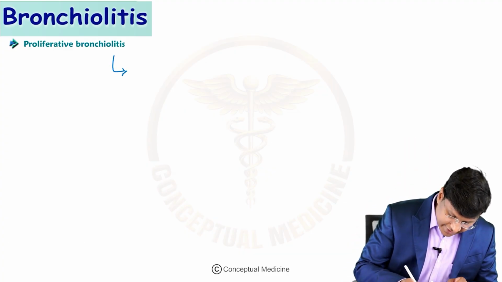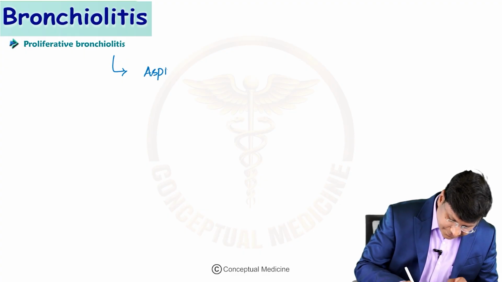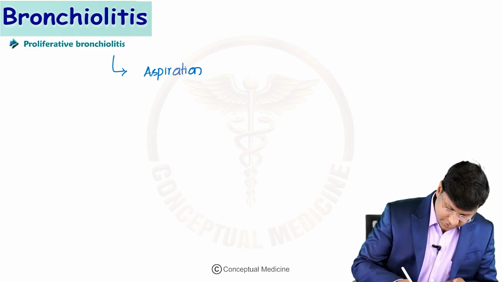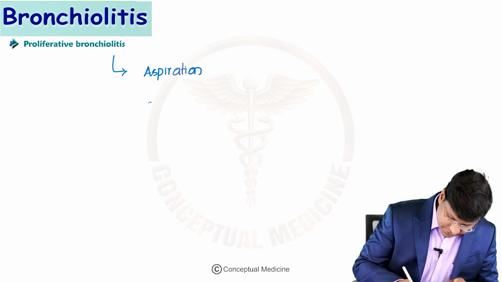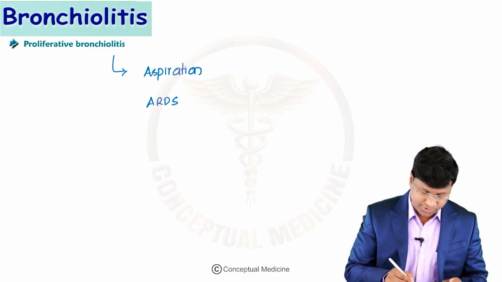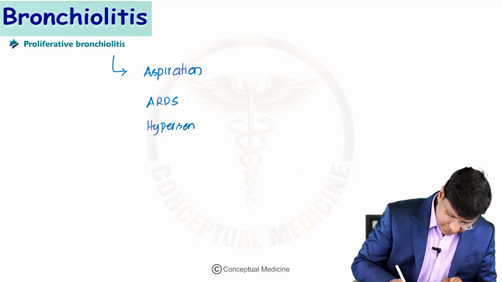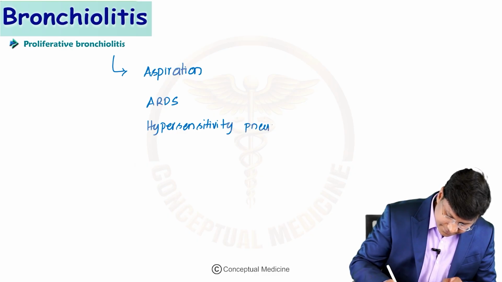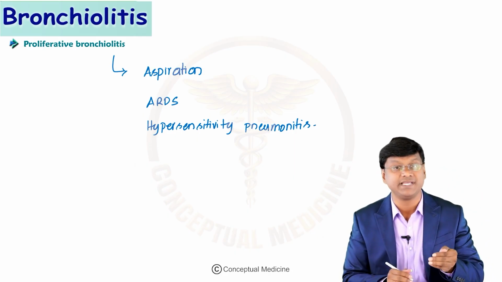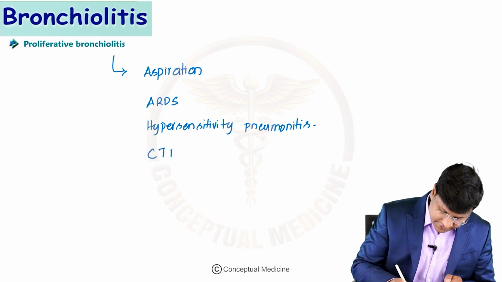See, proliferative bronchiolitis can be seen following an aspiration, as a consequence of acute respiratory distress syndrome, following hypersensitivity pneumonitis, and it can also be seen in certain connective tissue disorders as well as organ transplantation.